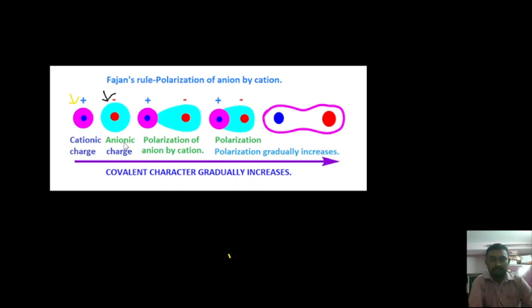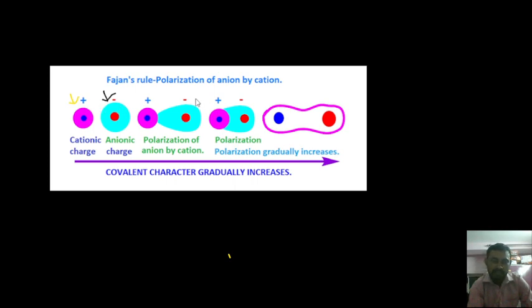The cation's positive charge density is greater with respect to that of the anion. So when the cation and anion come closer, the positive charge of the cation attracts the electron density of the anion. The electrons in the structure of the atom are called electron density in quantum mechanics.